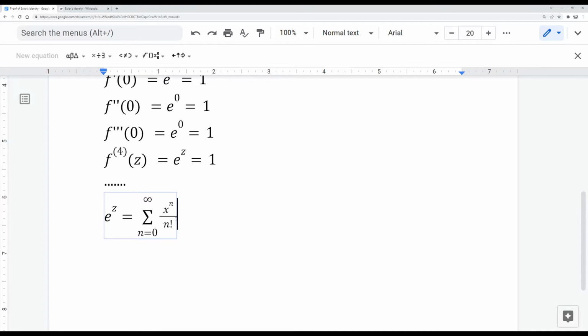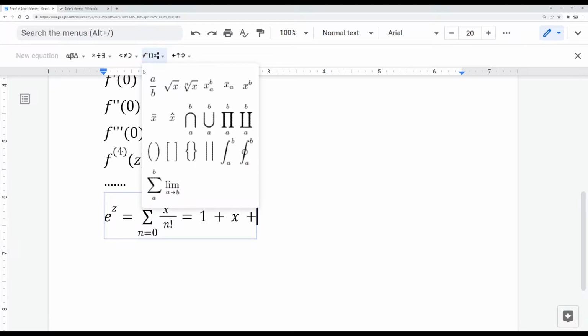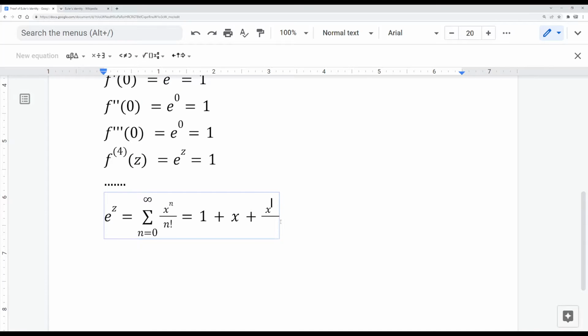Just like that. And let's expand this out a little bit, for the sake of looking at what this is. So the first term, n equals 0, x to the 0 over 0 factorial, that would be 1, plus x to the first power, plus x squared over 2 factorial, and then I'll just copy and paste a few more.